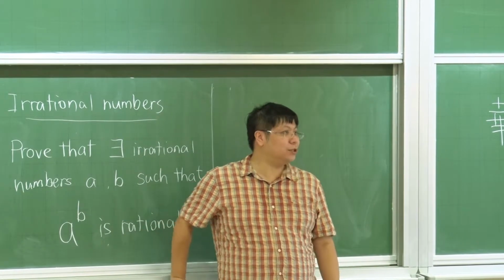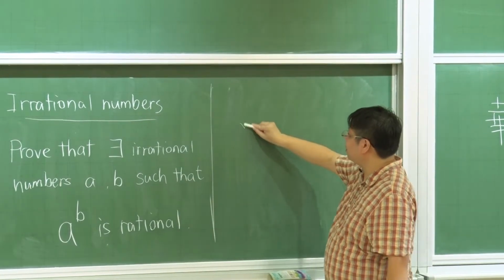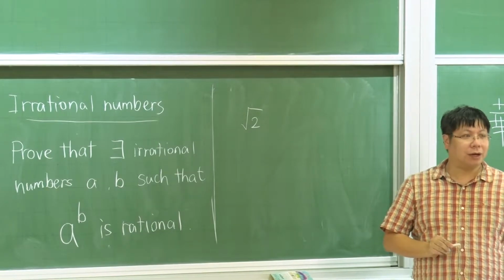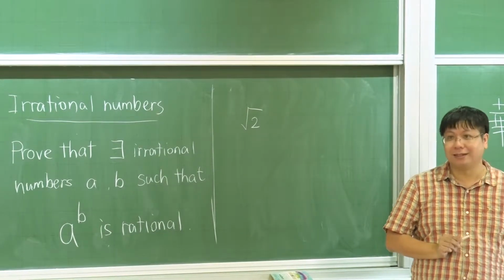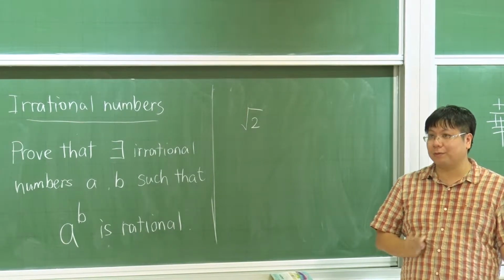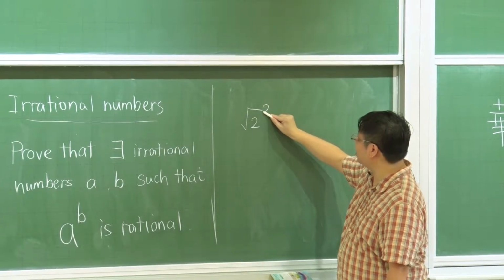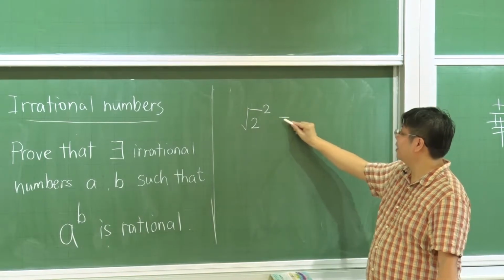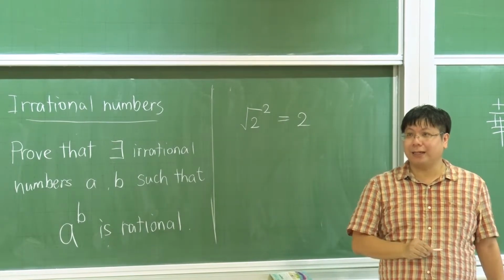Yes? Which irrational number do we know? We know square root 2, am I correct? So how to make square root 2 rational? By raising it to 2, very good. If you raise it to a power of 2, then it becomes 2. So it becomes rational.